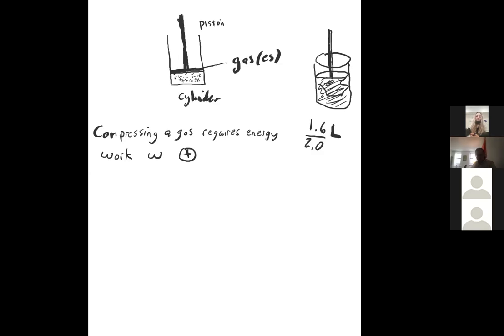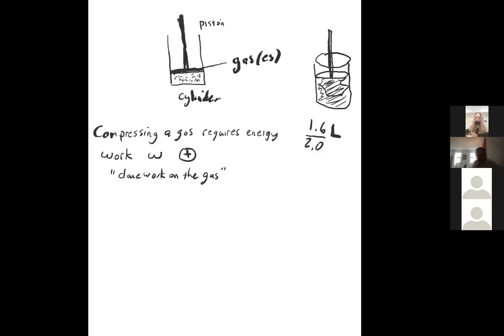So if you push down on the gas and it has a smaller volume, the terminology is you've done work on the gas. Actually, one of the most difficult things for people is the terminology here. Once you get the terminology down, it's easy. So if you compress a gas, we would say that you've done work on the gas. W is positive, okay?